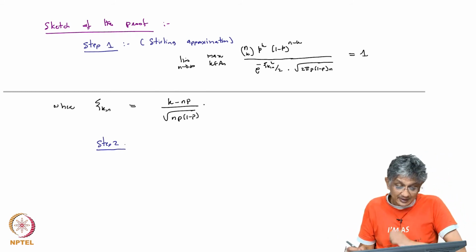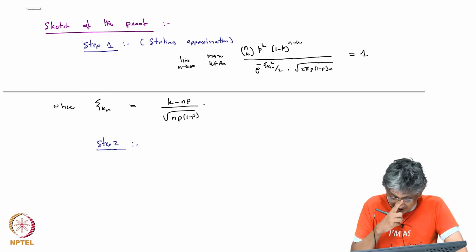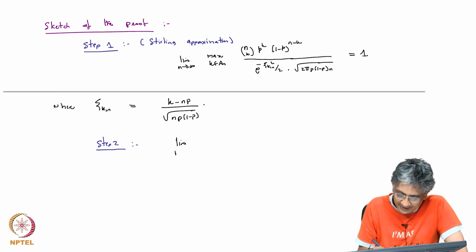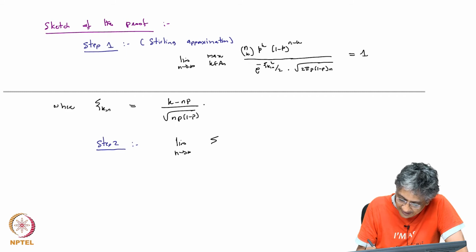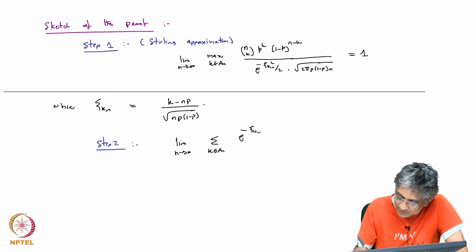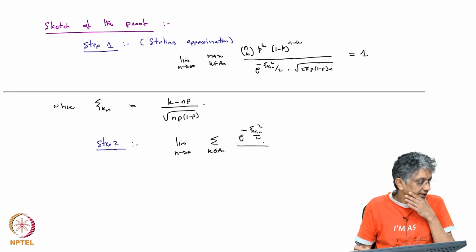But again, this is a little bit tricky because you need to know exactly how to do Riemann approximations. So what you do is you show that the limit as n tends to infinity, the sum over k in A_n of e to the minus xi_k,n squared by 2, that's the bottom term, divided by, so I think I may have made a mistake here.